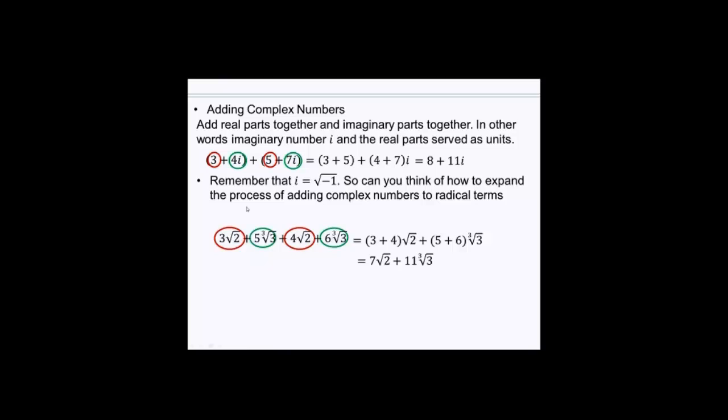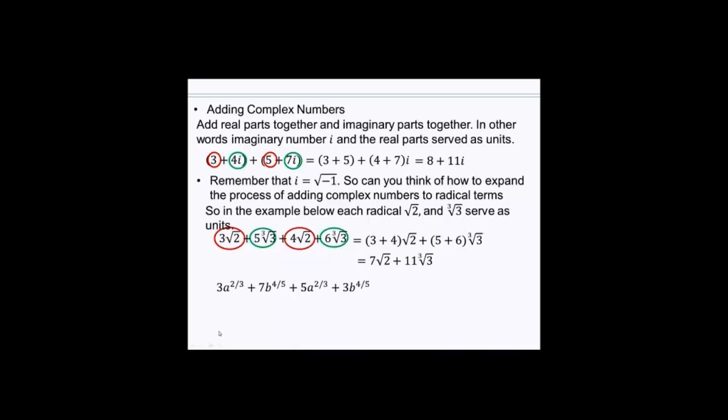It's like square root 2 is like an apple or a centimeter, and cube root 3 is like an orange or inches or something of that nature. So in other words, when you're adding radical terms, square root 2 and cube root 3 serve as units.